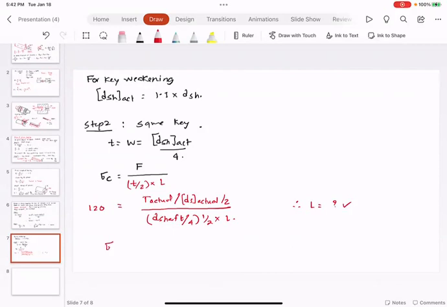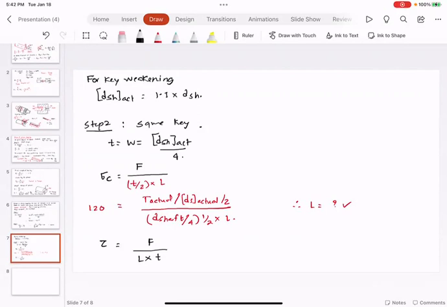The next part is tau. Tau is equal to F divided by L multiplied by T. And here T and W are the same, that's why it doesn't matter.